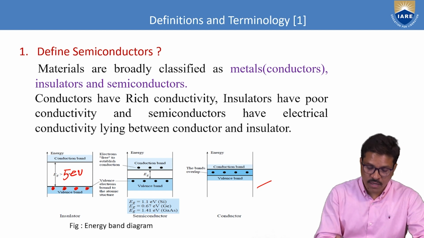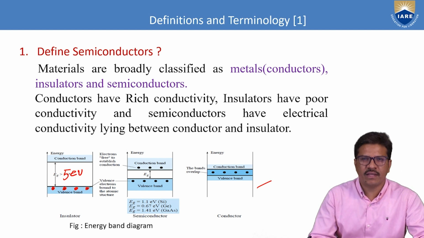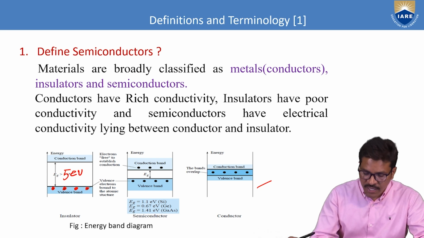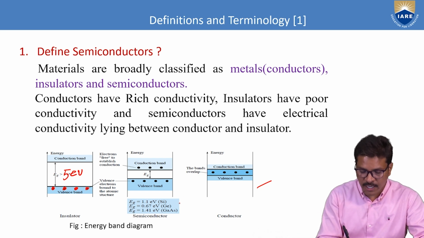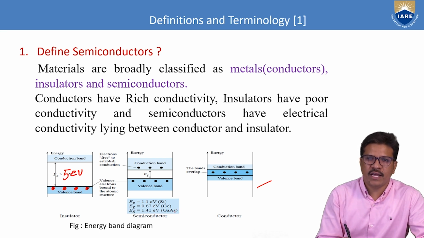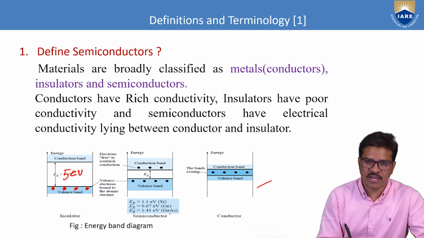What happens in the middle one, the most important, is what we have taken as the definition of a semiconductor. The energy gap lies between the insulator and the conductor, and the electrical properties also lie between insulator and conductor. If you take the examples of semiconductors, silicon, germanium and gallium arsenide, initially the charge carriers or electrons are present in the valence band.